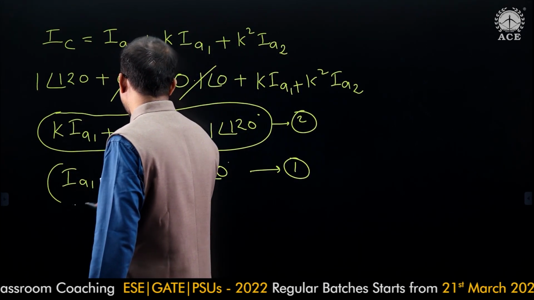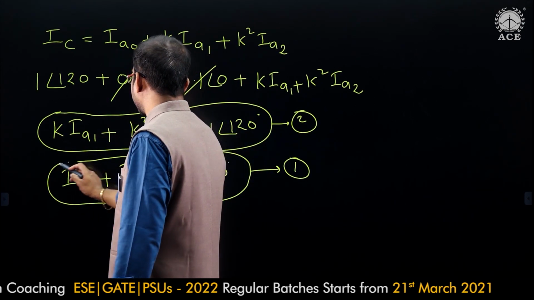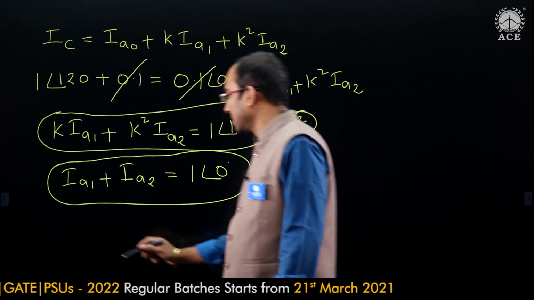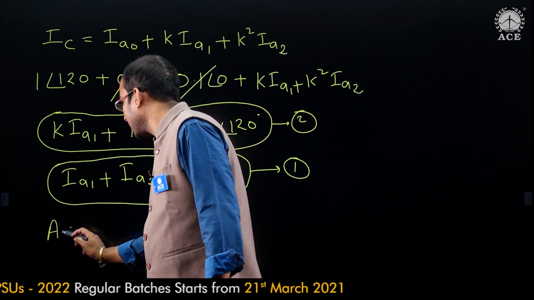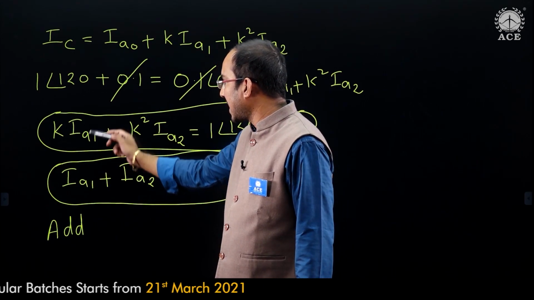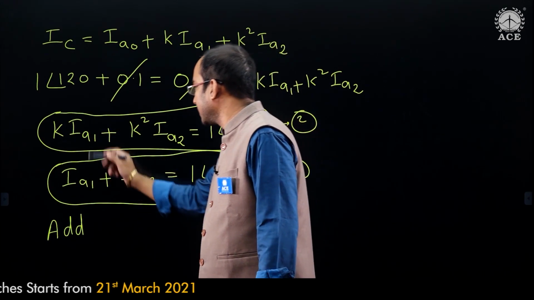Now let us add these two equations. If we add these two equations, we can write IA1 is common in these two terms.